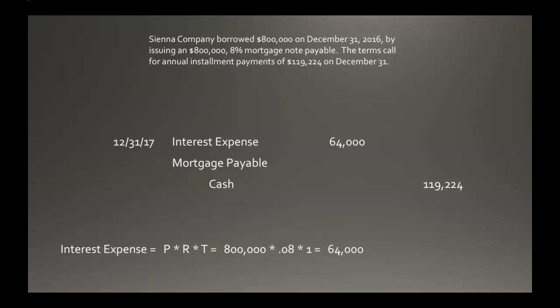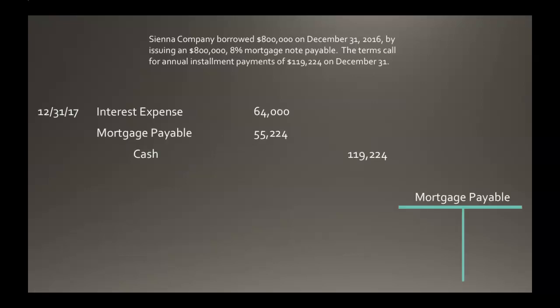Now to find mortgage payable, we take our cash and we subtract our interest expense to find that we are paying $55,000 off of our mortgage payable itself. So now let's make a T account for mortgage payable.